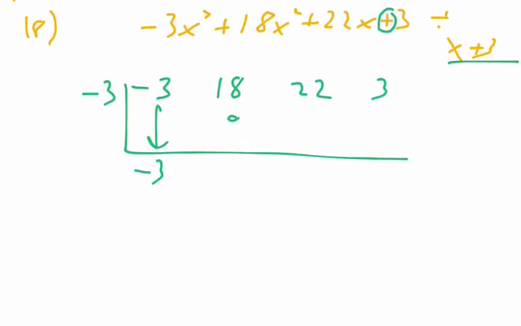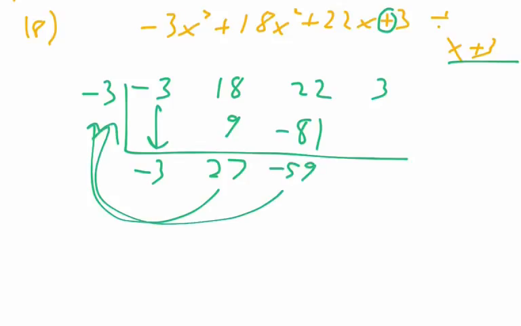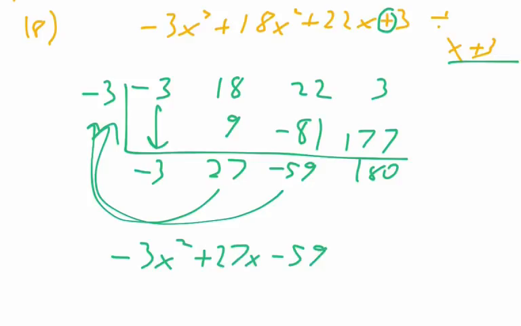Negative 3 times negative 3 is positive 9. 18 plus 9 is 27. Multiply that by negative 3 and we get negative 81. This turns out to be negative 59. Times that by negative 3 and we get 177, which gives me a remainder of 180. So my answer is negative 3x squared plus 27x minus 59 plus a remainder of 180. I don't even need the plus.